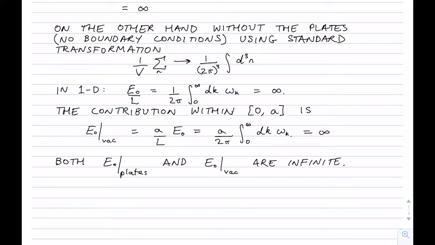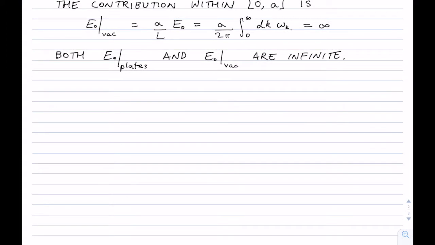But they're not equally infinite. Not all infinities are the same. And so what we're going to do is regularize these infinities, and then we can renormalize. So one more approximation: take the mass equal to 0, so that omega_n equals k_n equals n pi over a.